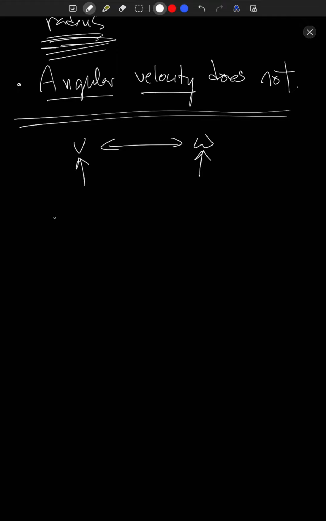For linear velocity, in 1 unit of time, compared to the entire circle, we've traveled v over 2 pi r fraction of the entire circle. This is the fraction of the entire circle we've traveled in 1 unit of time. Again, this makes sense. This 2 pi r down here is the circumference of the entire circle, and v would be how far we've traveled, the arc length of our travel in 1 unit of time. So when I divide these, I get the fraction of the circle that I've traveled.